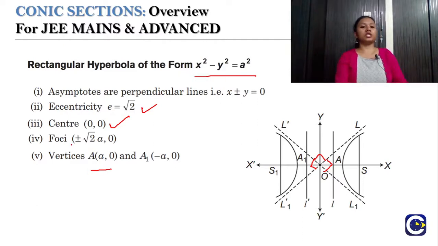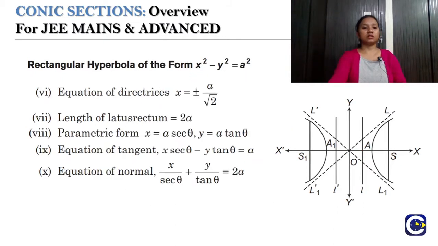Here the coordinates of the foci are plus or minus root 2 a comma 0. Right, so there are a few more standard terms and their corresponding formulas or coordinates with respect to our rectangular hyperbola of the form x square minus y square is equal to a square.